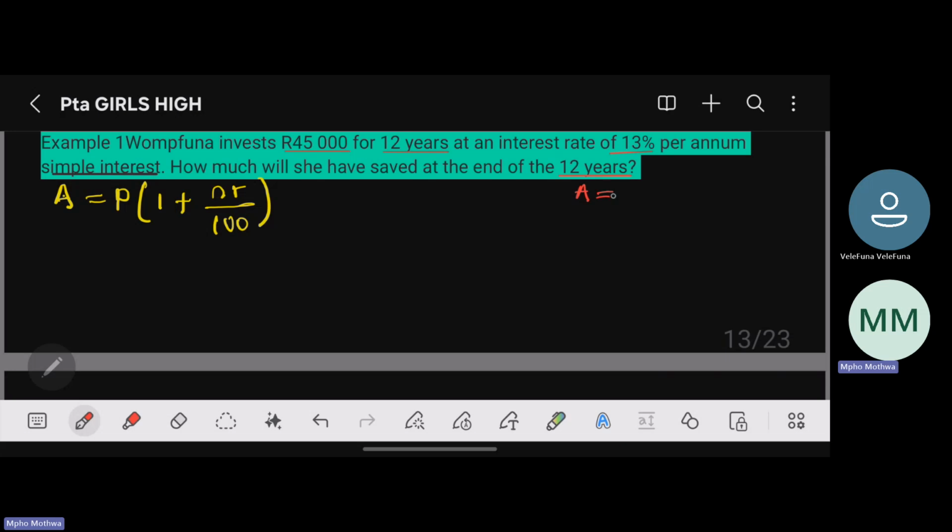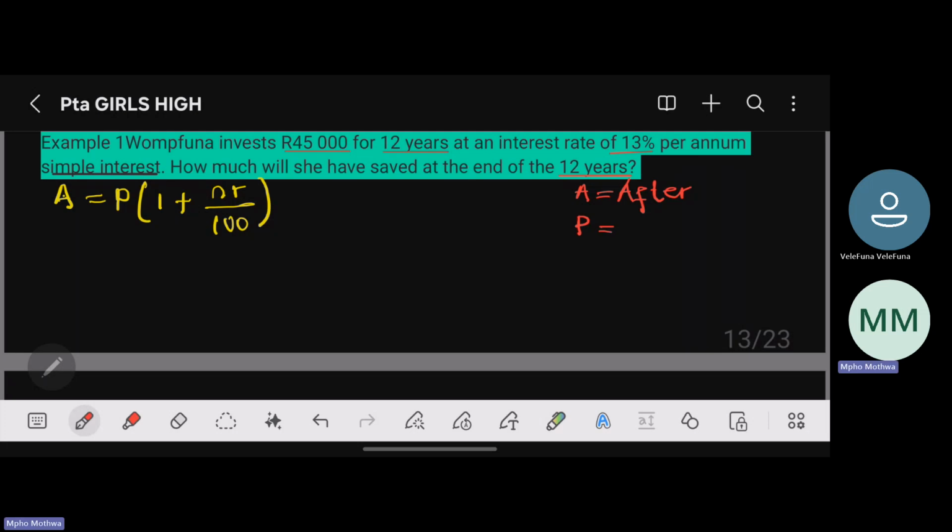So in terms of interest, this is the money that you are going to get at the end of the period. We call it A. But in terms of borrowing money, this is the money that you would have paid after you have finished your debt. So I like to write it as "after", so that learners can remember that this is the money after everything has happened.